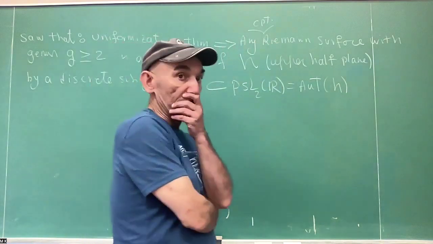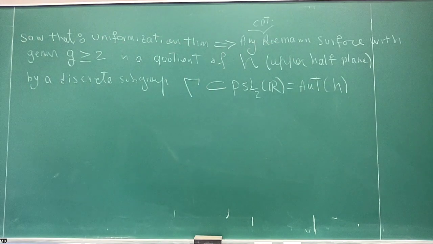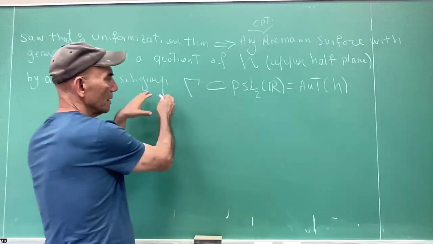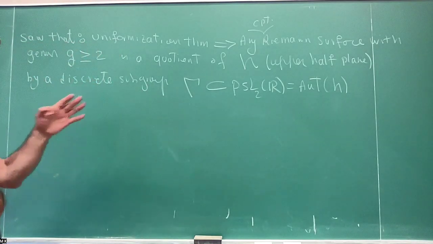So in a sense, we know all these compact Riemann surfaces of genus g bigger than or equal to 2. And of course, g equal to 0, g equal to 1, you have to rely on the other two cases of the uniformization theorem, but that's much easier than this one.